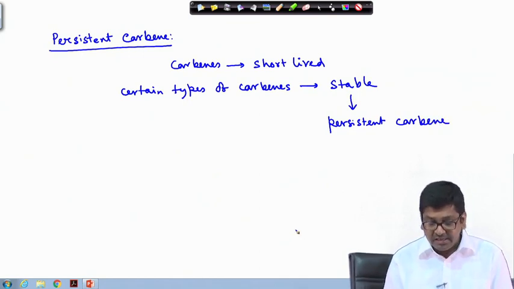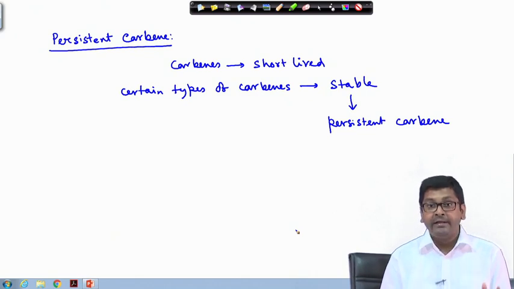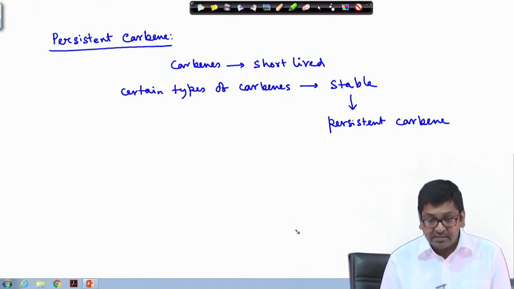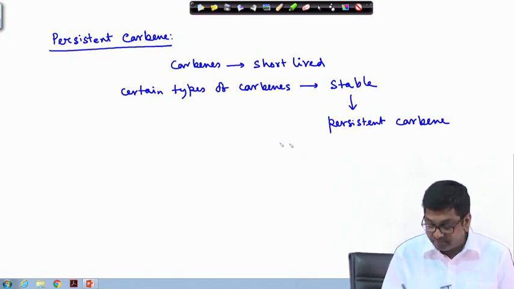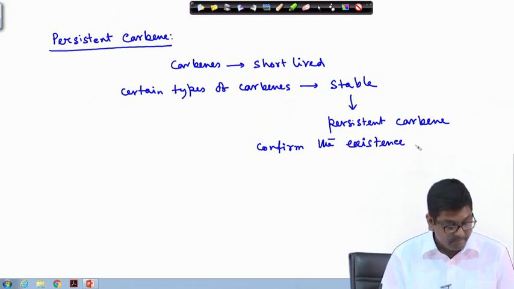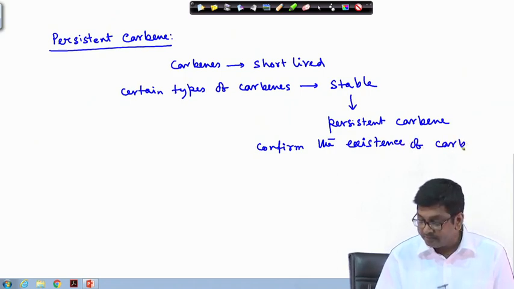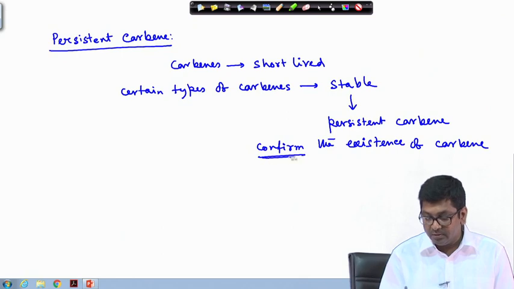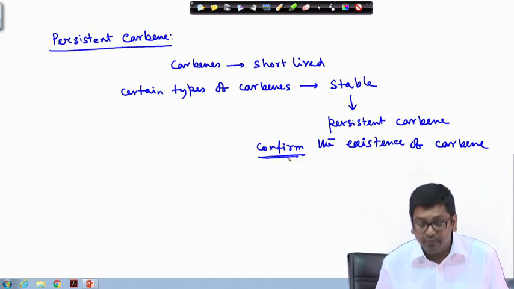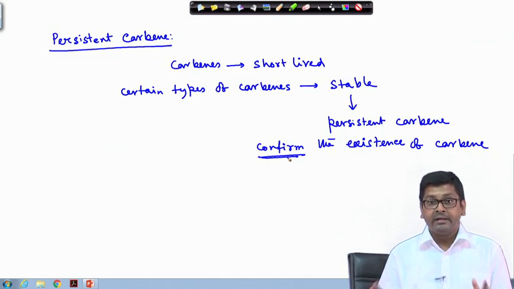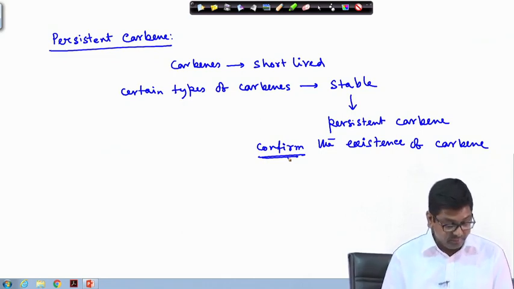And obviously, if some carbenes are stable and can be detected by various spectroscopic methods, then obviously this confirms the existence of carbene. So, even though it is short lived, due to the presence of certain types of stable carbenes, we can confirm that carbenes are forming.